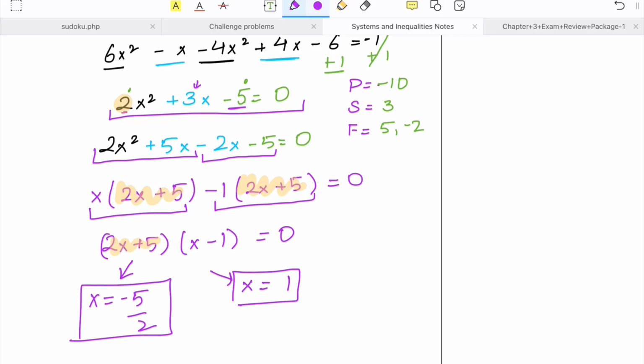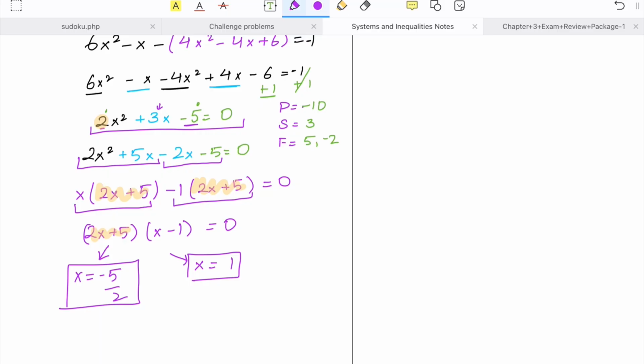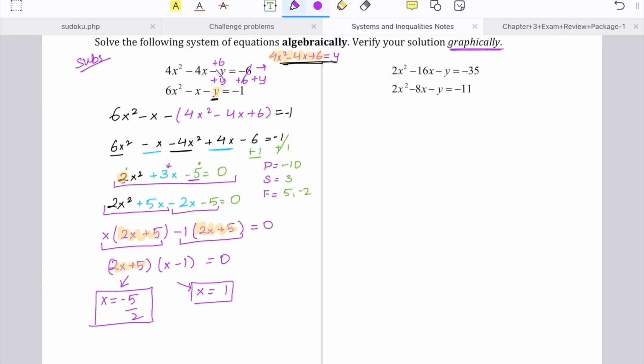Okay. You're not done yet though. This is a common mistake that people do. Because we're solving the system of equations, we look at the intersection point. That means we need to substitute these values back into our equation. We can use this equation. So y is equal to 4x squared minus 4x plus 6 is what we're using.